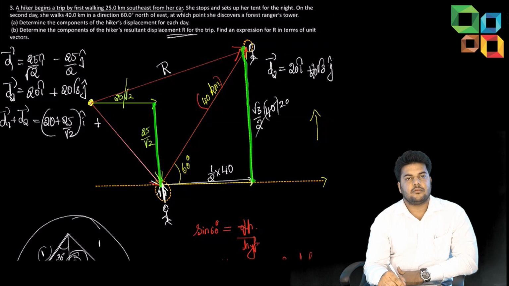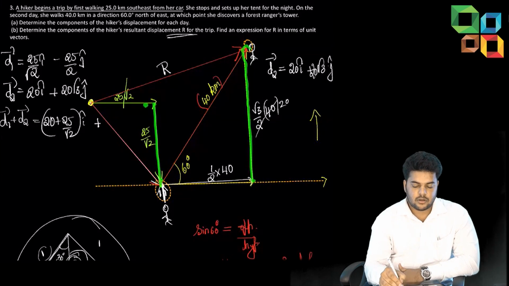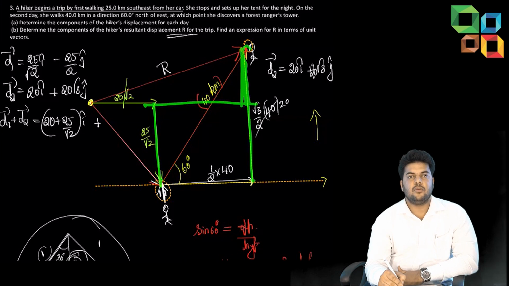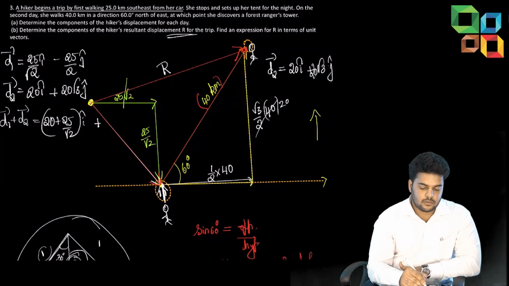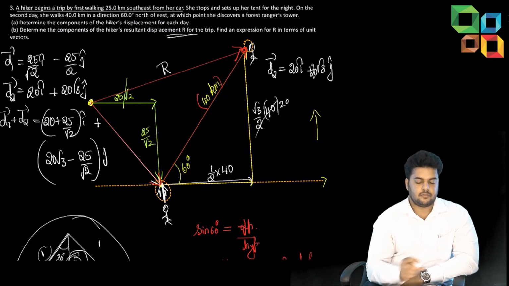So what is the total distance that she has walked northwards? It is 20 root 3 minus 25 by root 2 j cap, isn't it? So let's write that: plus 20 root 3 minus 25 by root 2 j cap.